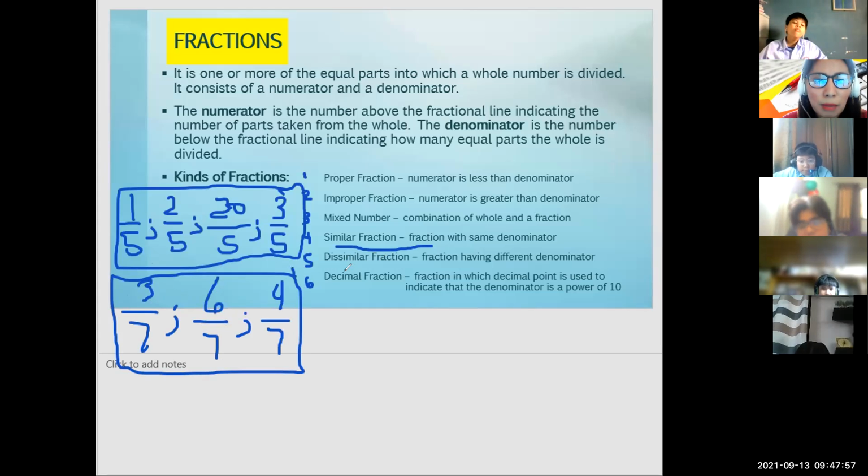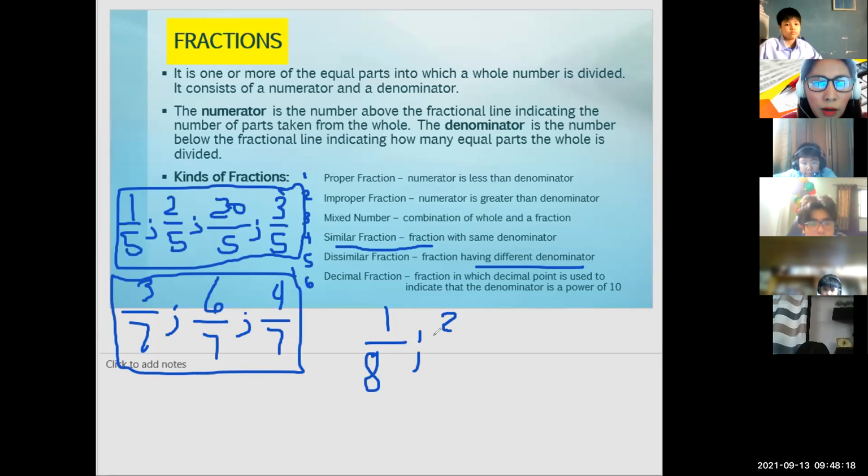Okay. How about the dissimilar fractions? Fractions having different denominators. So basically, these are multiple fractions that have different denominators. Let's say 1/8, 2/5, 4/12.